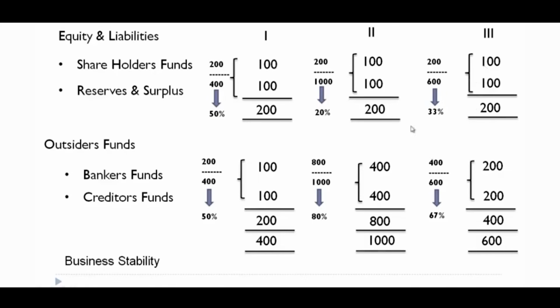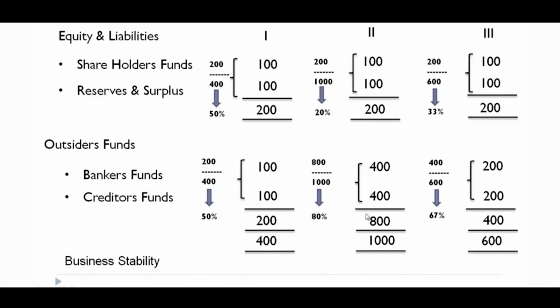In scenario 3, the owner's contribution is 33%, whereas outsiders is 67%. If they start withdrawing the support or start asking for the payment, they'll find a little bit of difficulty, but it will not be as bad as scenario 2, because in scenario 2 the owner's contribution is only 20%, whereas outsiders contribution is 80%, and these guys are actually running the show.